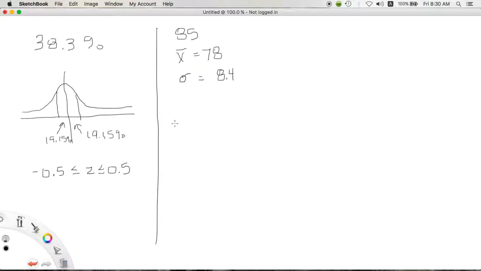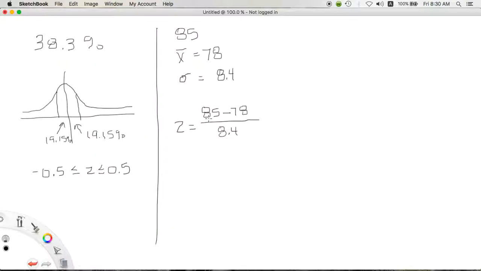So a z-score we find by taking our score and finding out how far away it is from the mean, and then we want to know how many standard deviations it is away from the mean. So this tells us how many number values it is away, and this is kind of an average of how far away it is, but not exactly.